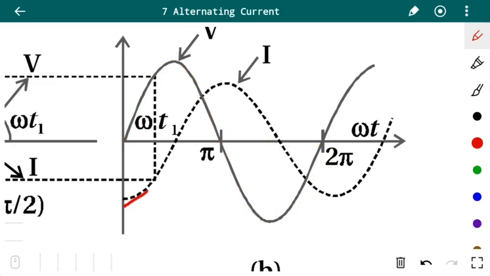So at pi by 2 and 3 pi by 2 its value will be 0, and at 0, pi and 2 pi we get the maximum value.